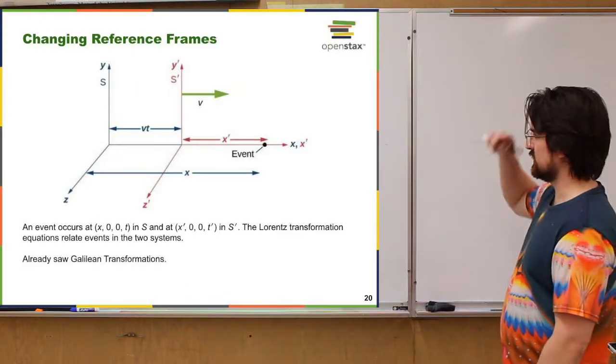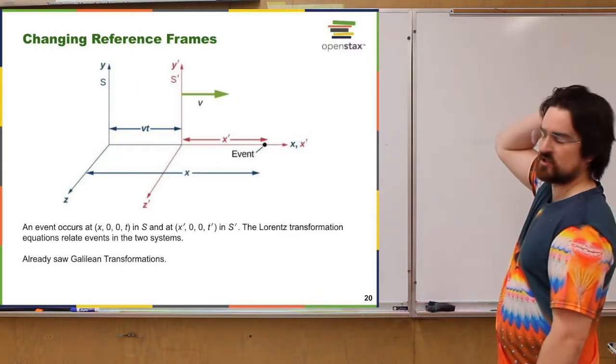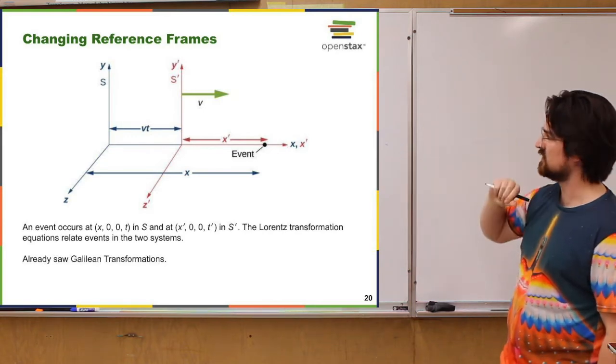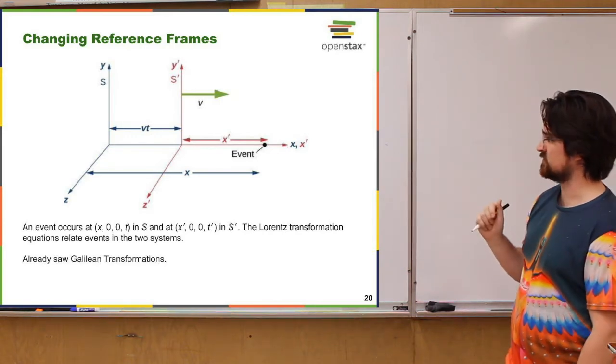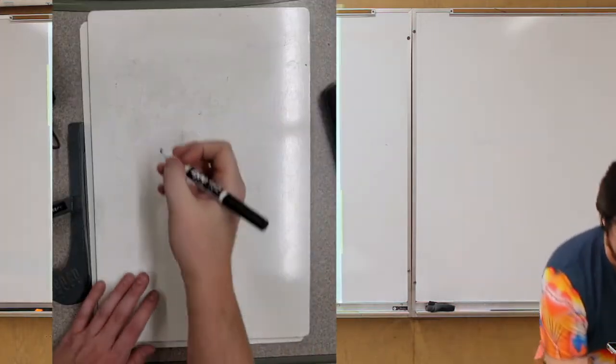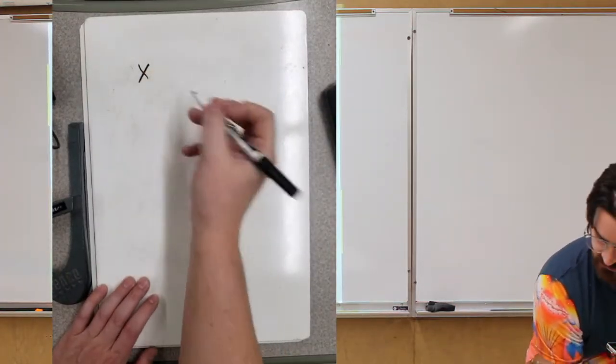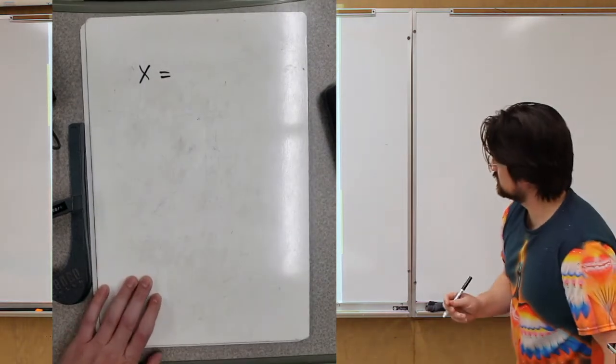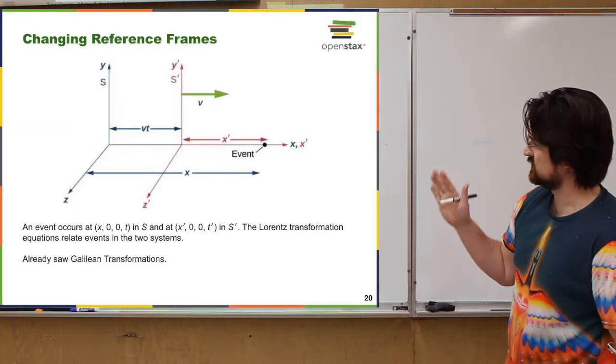Okay, so let's go ahead and try to relate the positions in these two different reference frames. So like the position of this event that happens in these two different reference frames. So in the unprimed reference frame, that event took place at x.